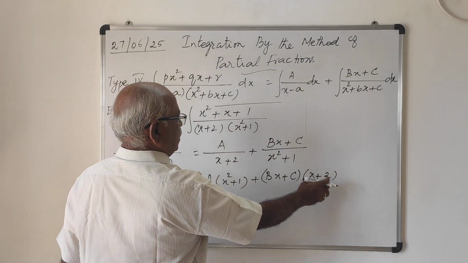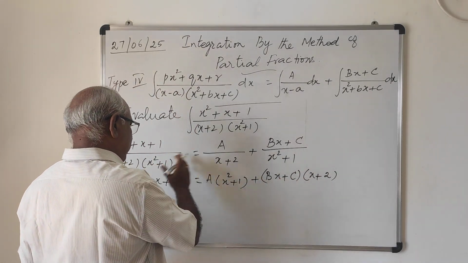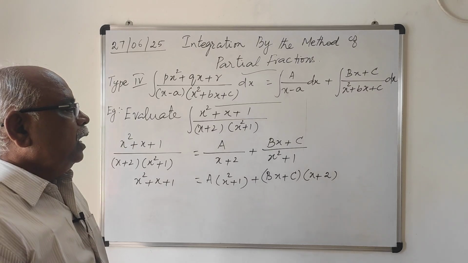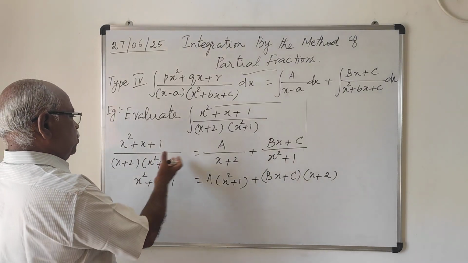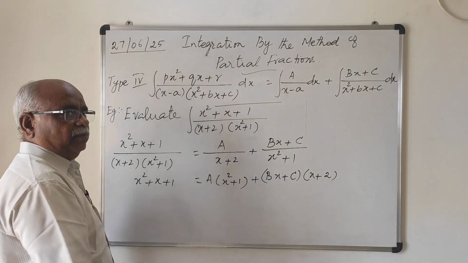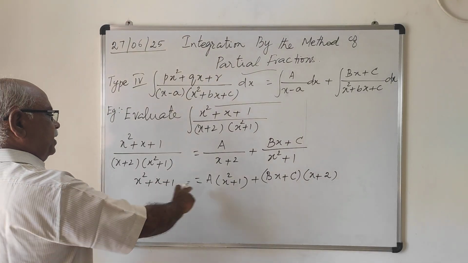So x square plus x plus 1 equals A into x square plus 1 plus Bx plus C into x plus 2. By the LCM principle, the simple fraction method, you can find these steps.